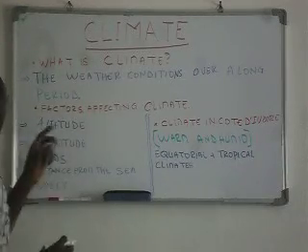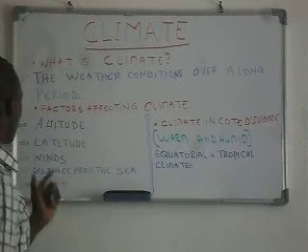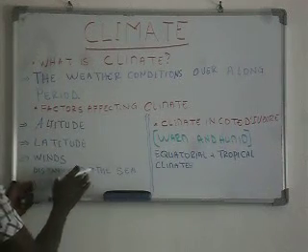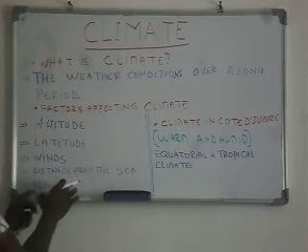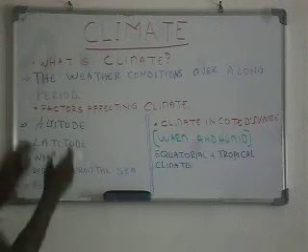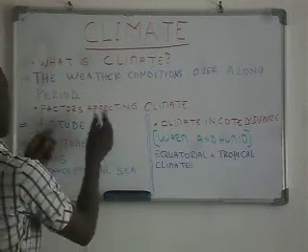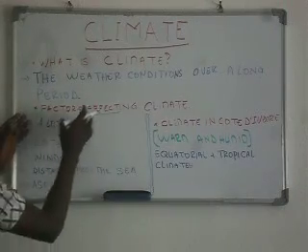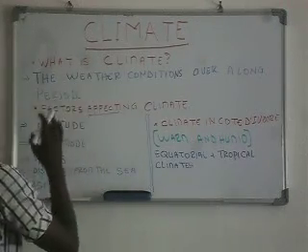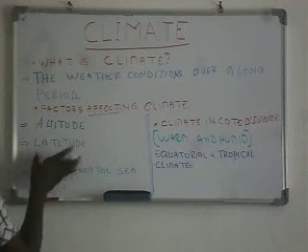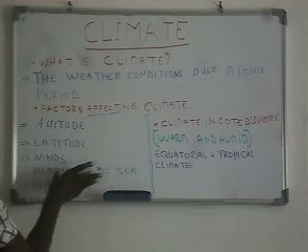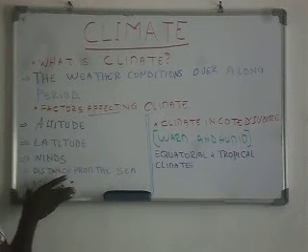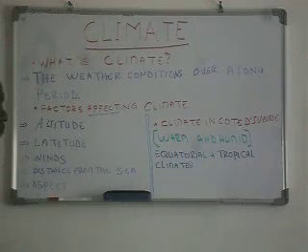The altitude, the latitude, the winds, the distance from the sea, and then the different aspects. These are the elements that affect climate.